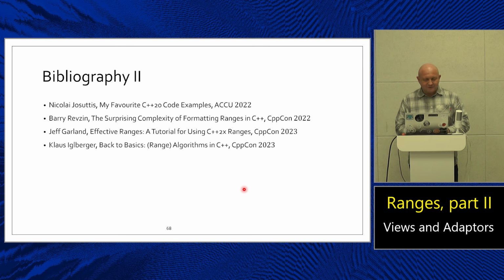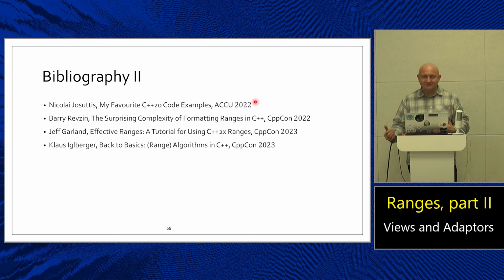And also, I want to recommend this talk by Nikolai Kutiavin, my favorite C++20 code examples, at a Q conference. This is the talk where he blames ranges for lost constness and other things. It is a brilliant talk, I believe.